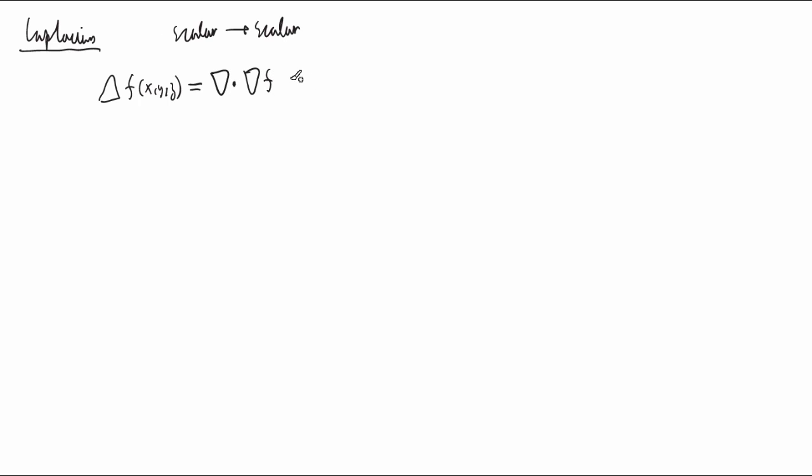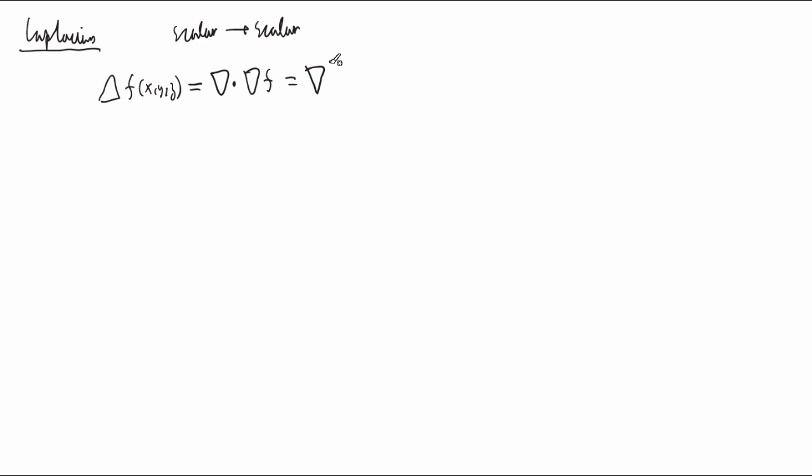The final thing that you need to know about, which you almost certainly already know about, is the Laplacian. The Laplacian actually takes a scalar and turns it into a scalar. So you may wonder what it has to do with vector fields, but it turns out that the Laplacian, which we write like this, of some function f of x, y, and z, can actually be seen as the divergence of the gradient of f.